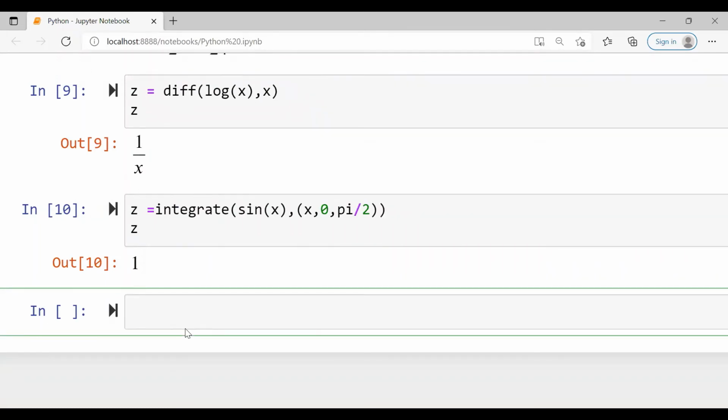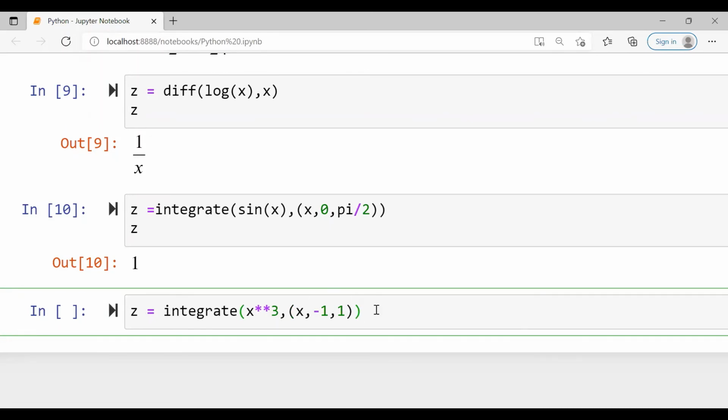Integral of sin x as x goes from 0 to pi by 2 is 1. Then we can also find z is equal to, we can integrate x cube, comma, and then write as x goes from -1 to 1.